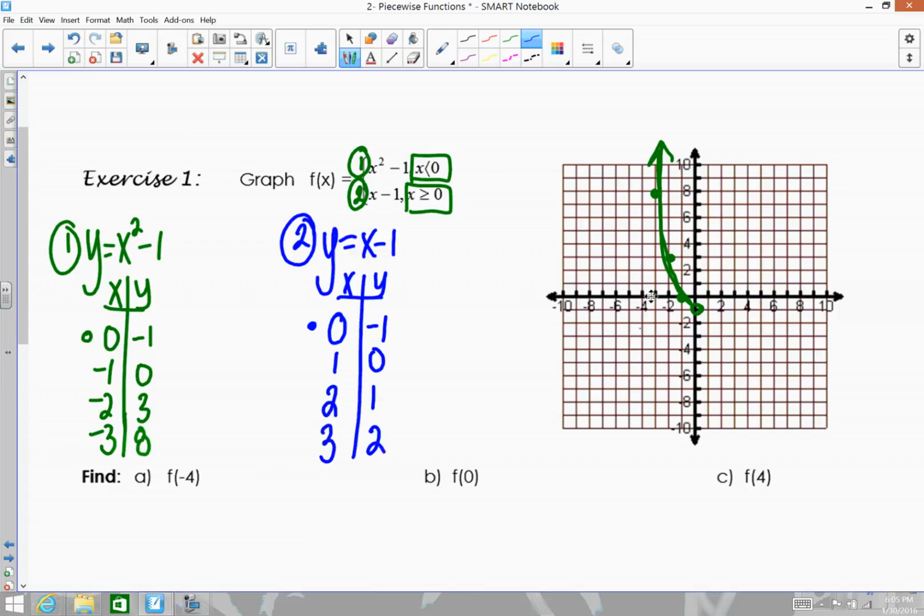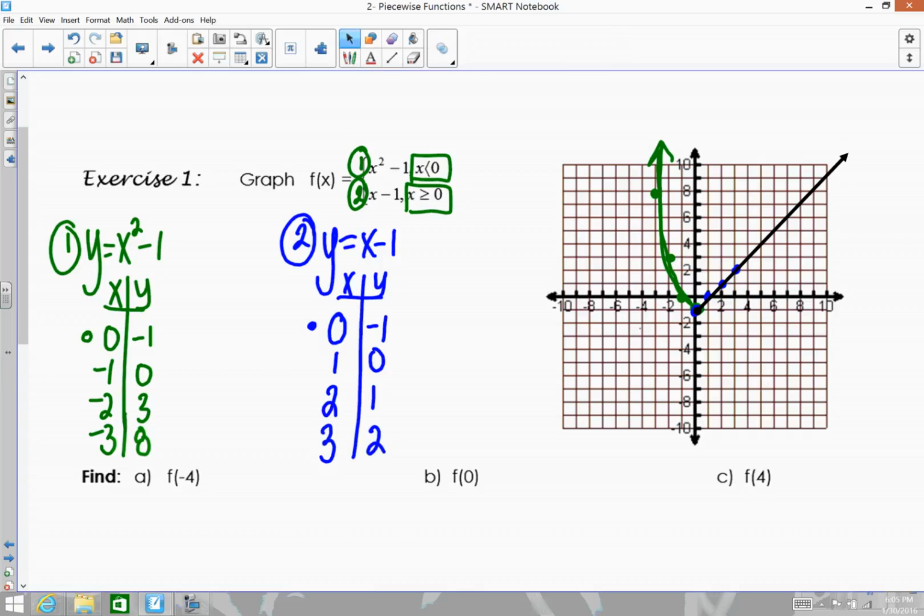Go ahead and plot those. 0, negative 1 is the same point, so now this becomes filled in since it was a solid circle. 1, 0, 2, 1, 3, 2. And I know that this is going to be a line because it was just an x minus 1. So I'm going to go ahead and continue my line.